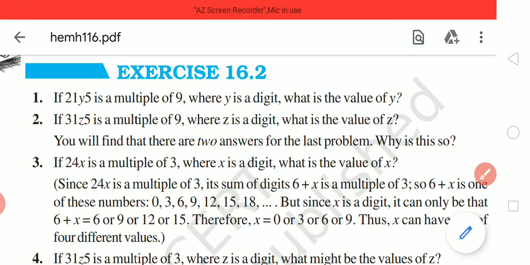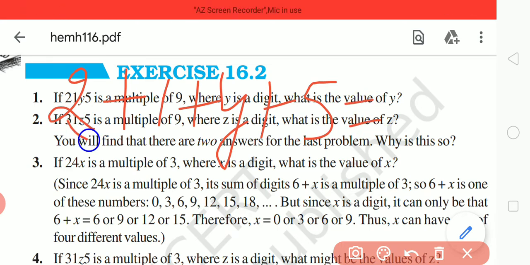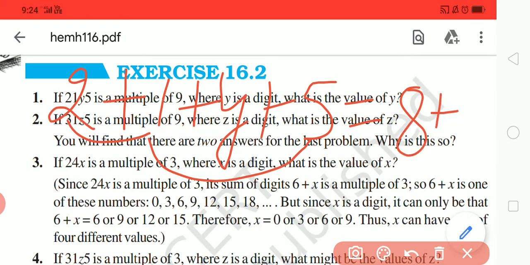Okay, let us start. At first we will find the sum of the digits, that is 2 plus 1 plus y plus 5. 2 plus 1 is 3, 3 plus 5 is 8, and y is the variable, so we add plus y.